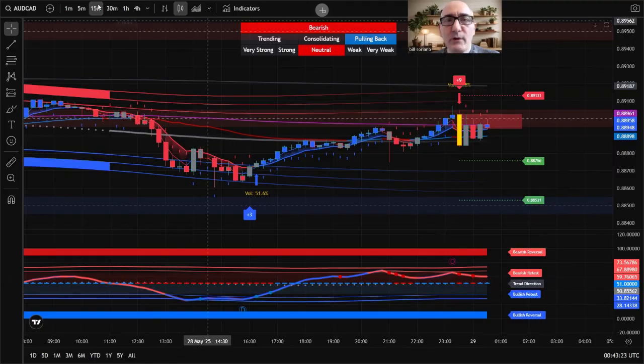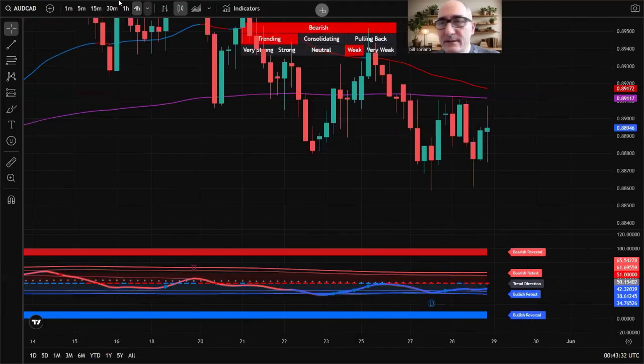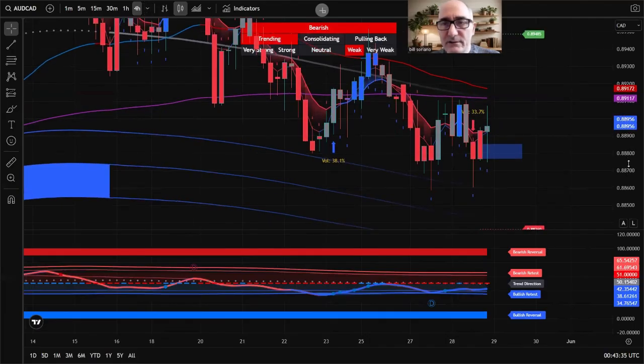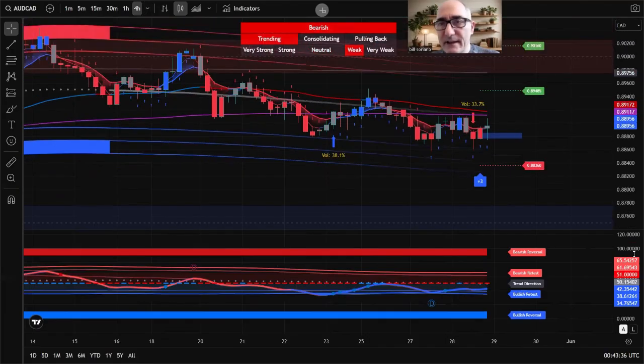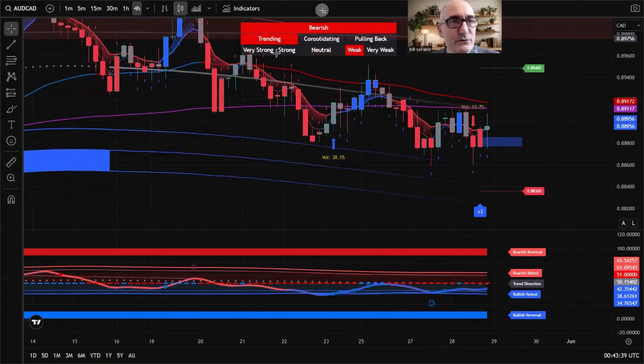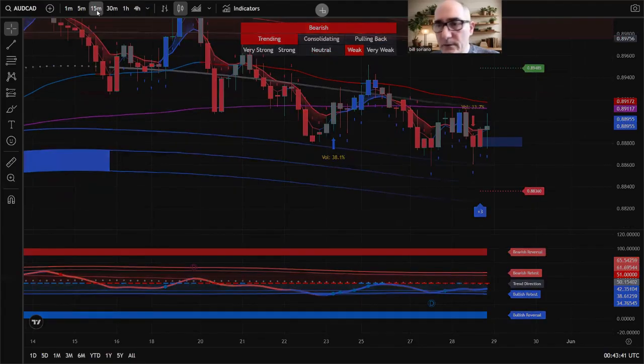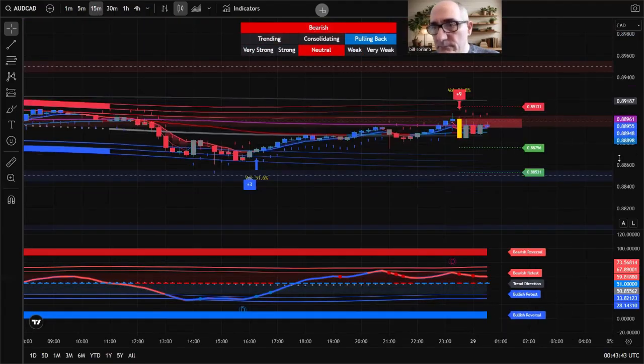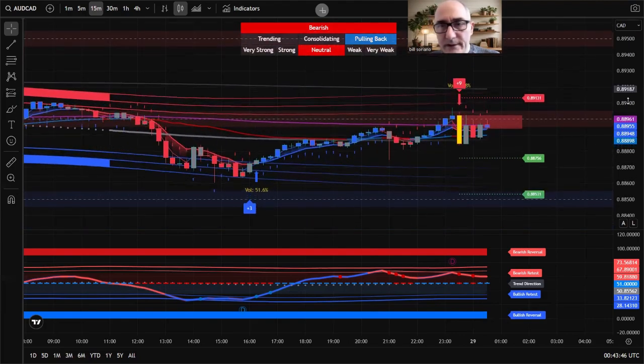We don't want to go with the trend on the time frame we're trading. We want to check the higher time frame, the 4-hour. And like I said, that is bearish as well. So that tells us that this is a good trade to take.